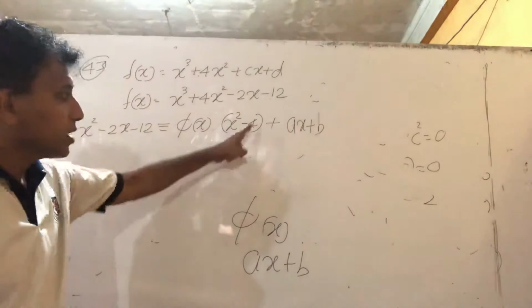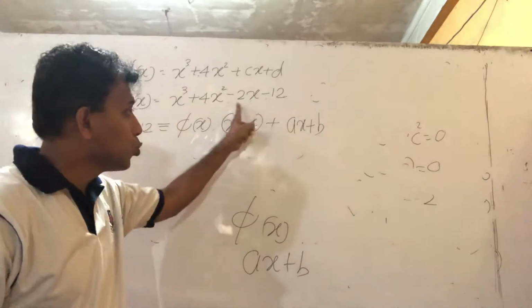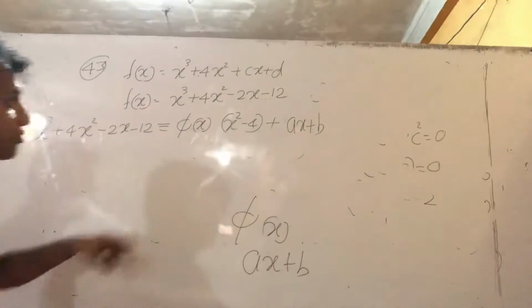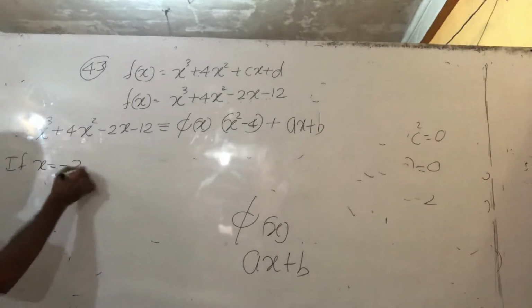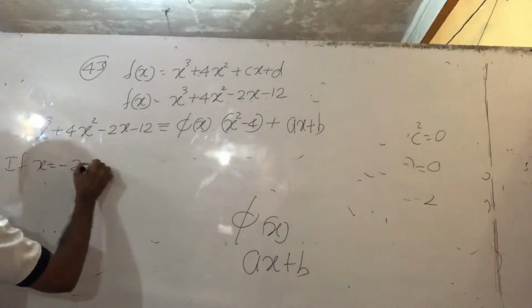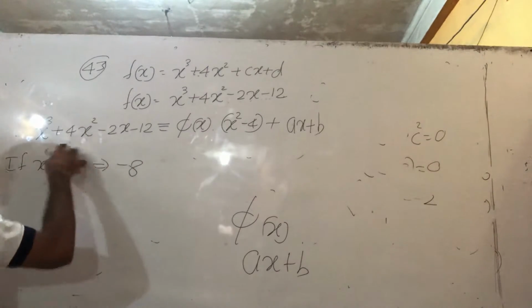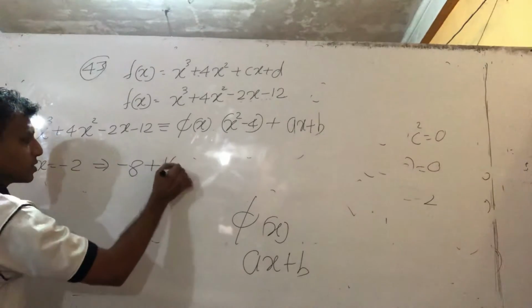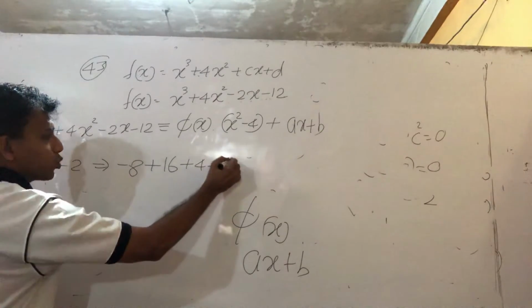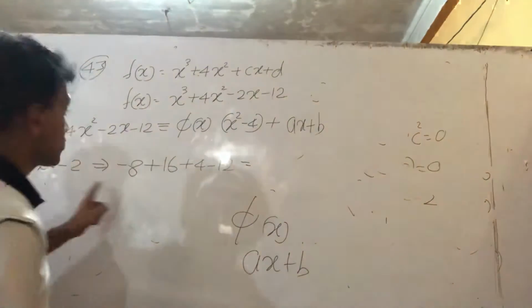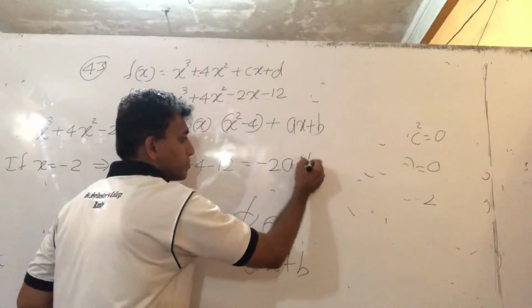Now we can factorize x minus 2, x plus 2. There are two ways to make this 0. Put x equal to minus 2: minus 8, plus 4 times 4 is 16, then minus 2 times minus 2, minus 12 equals minus 2a plus b.